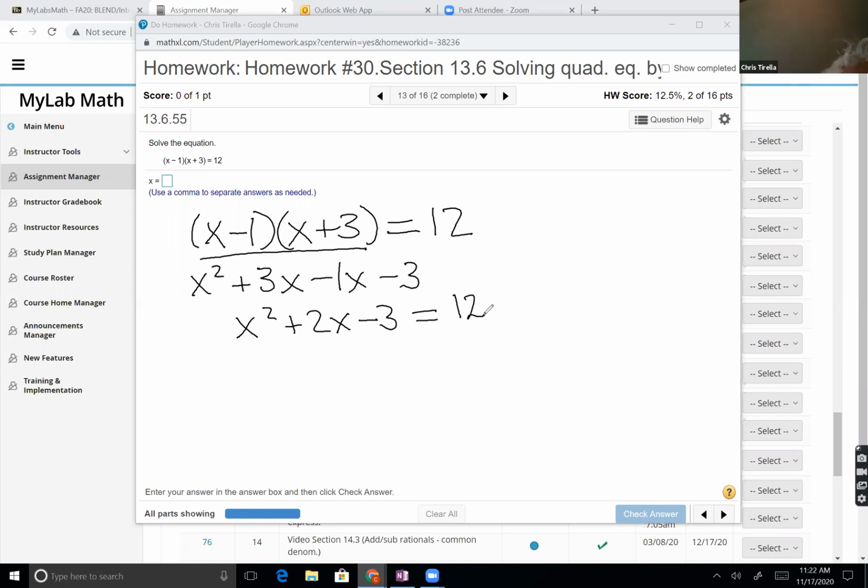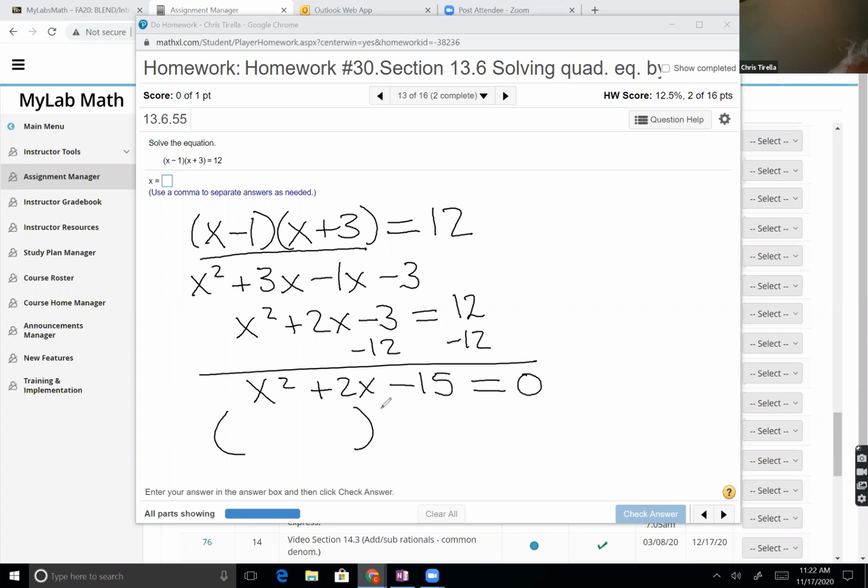And then we have to subtract the 12 from both sides to make one side 0. X squared plus 2x minus 15 equals 0. And now, because one side is 0, we'll factor and then set each factor equal to 0.